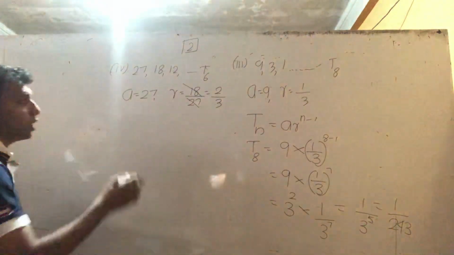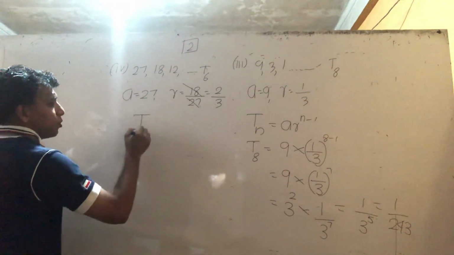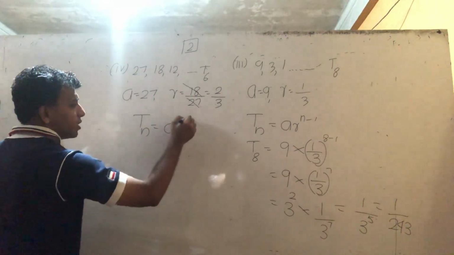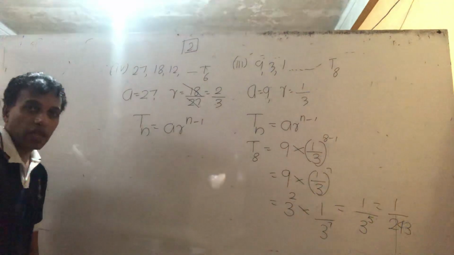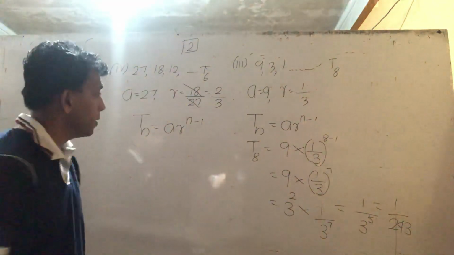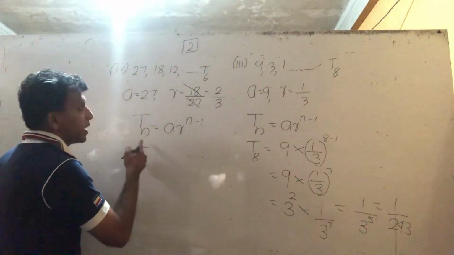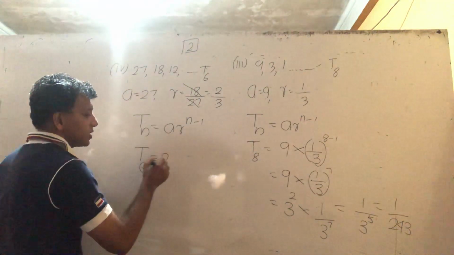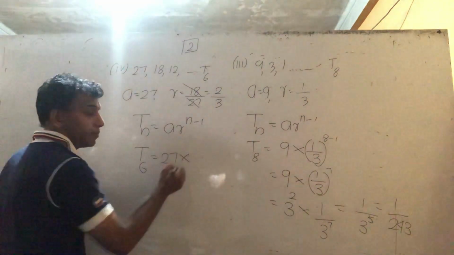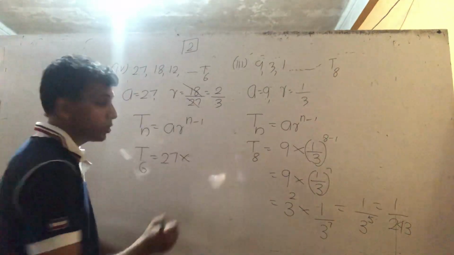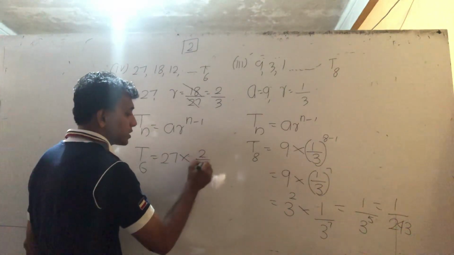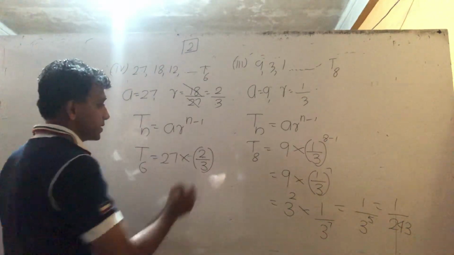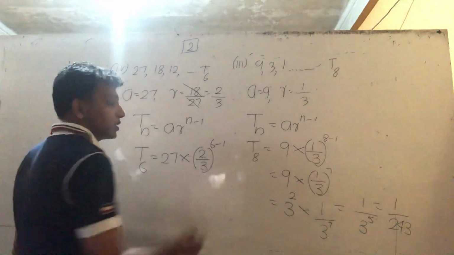Write the formula. Tn equals AR to the power n minus 1. That's the nth term formula. So what is that? Tn for 6: A is 27 multiplied by R is 2/3, right? 2/3 to the power n, for 6, minus 1.